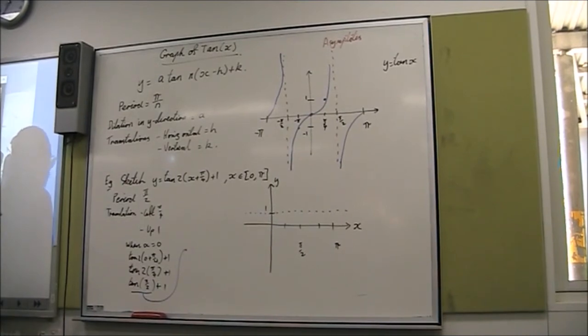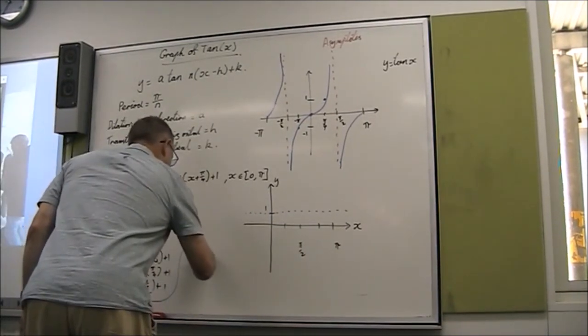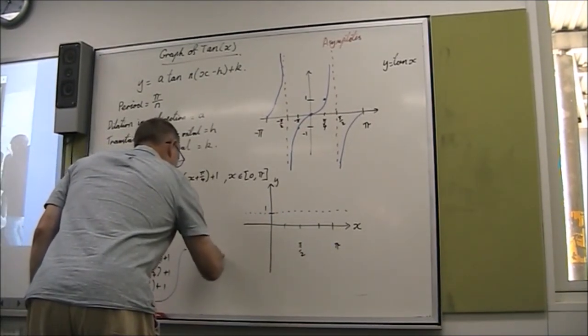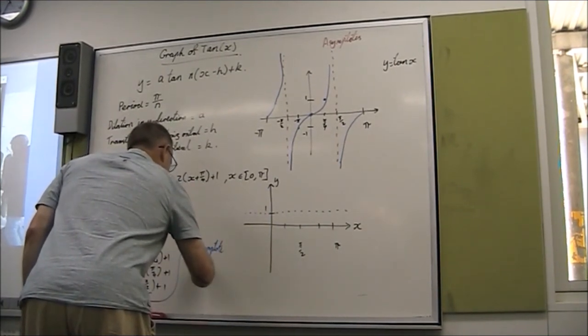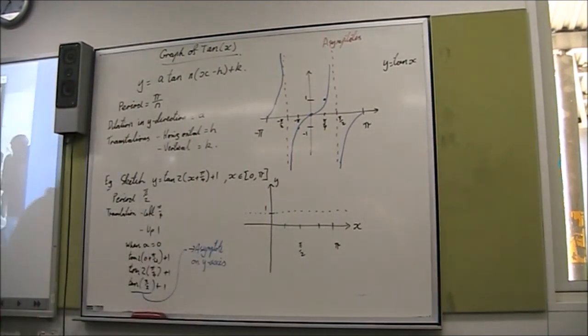We start with an asymptote. Alright? So we have an asymptote on the y-axis. I'm going to draw my asymptotes in green.